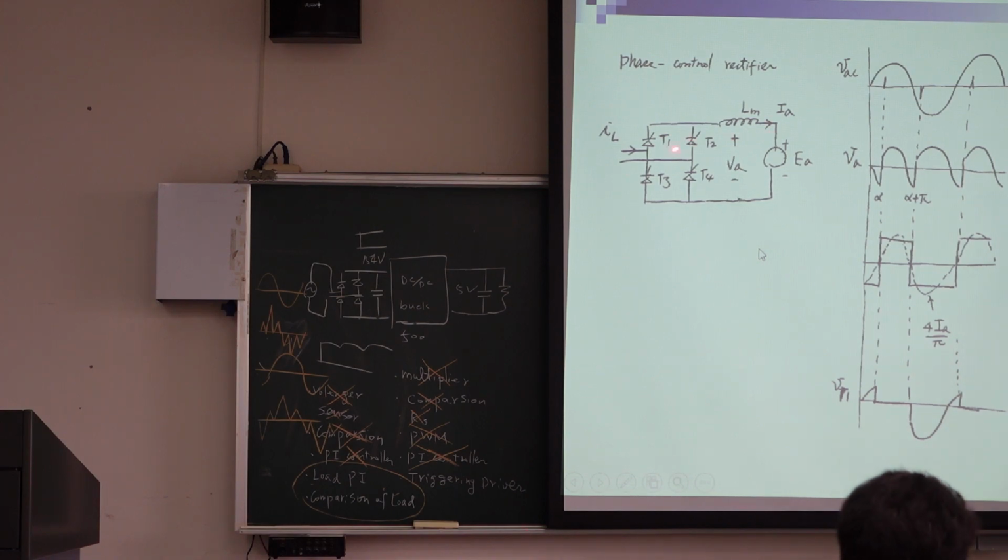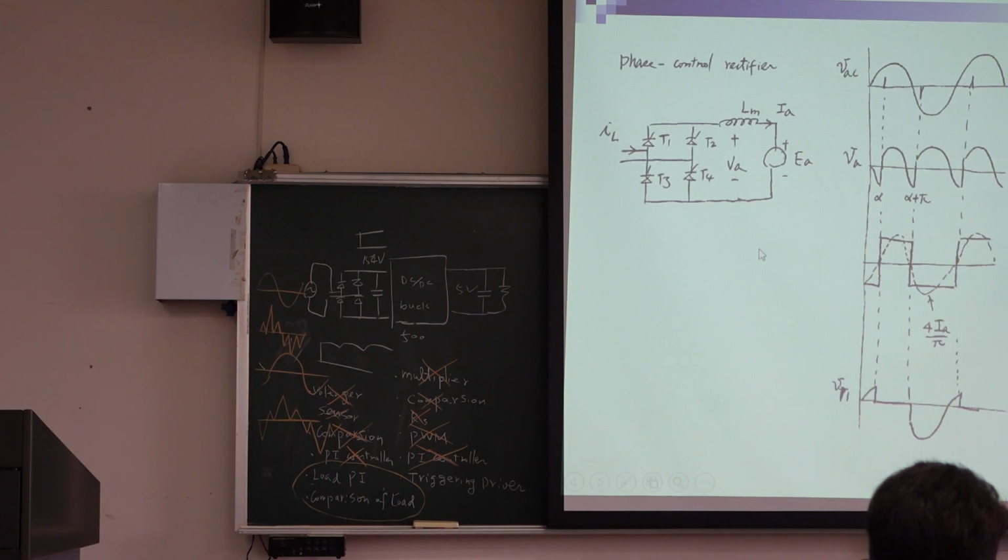And how about the input current? The input current here is positive, here is negative. So we have input current here. Then if we compare input voltage and input current, this is Vin. What is the input current?